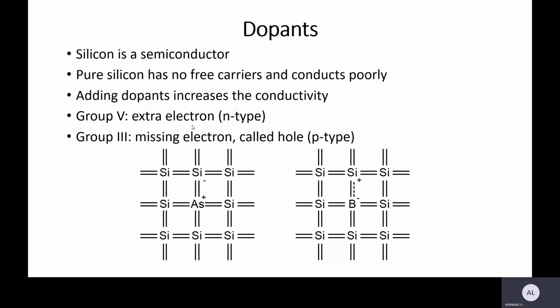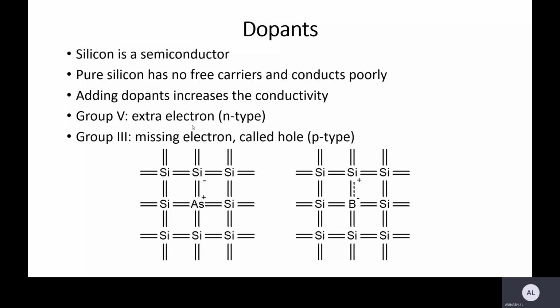In group 3, there is a missing electron. If group 4 has 4 electrons, group 3 has 3 electrons, that means 1 electron is missing. So it will increase the p type. That is exactly what is going to happen. So when you are talking about group 5, n type will be added, and when you're talking about group 3, it is p type we are going to consider.